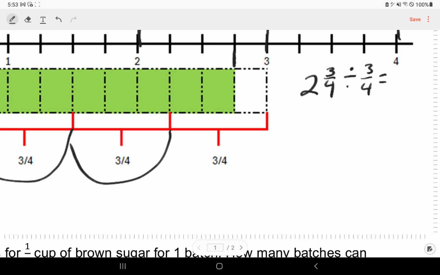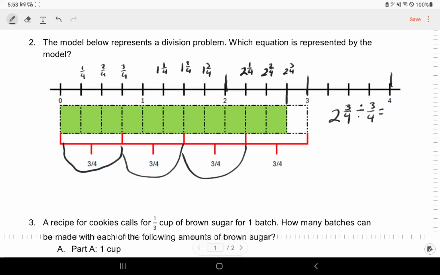And so then our answer, what it equals, is how many groups we have. Well, we've got 1, 2, 3 groups, so it's 3 and, well, we have 2 shaded out of 3, so 2/3.